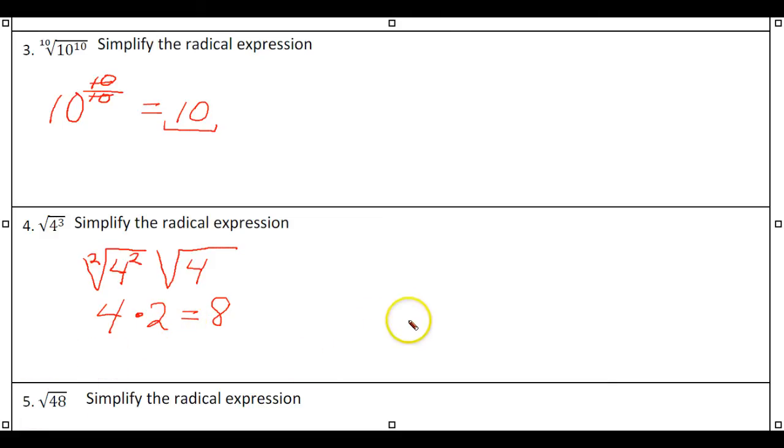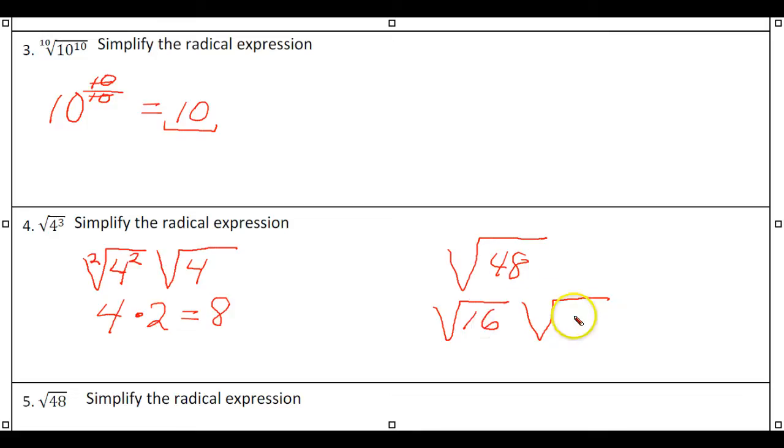And for example 5, we can write it up here. The square root of 48, dividing that into parts that are a perfect square, and those parts that are left over, we get 16 times 3.